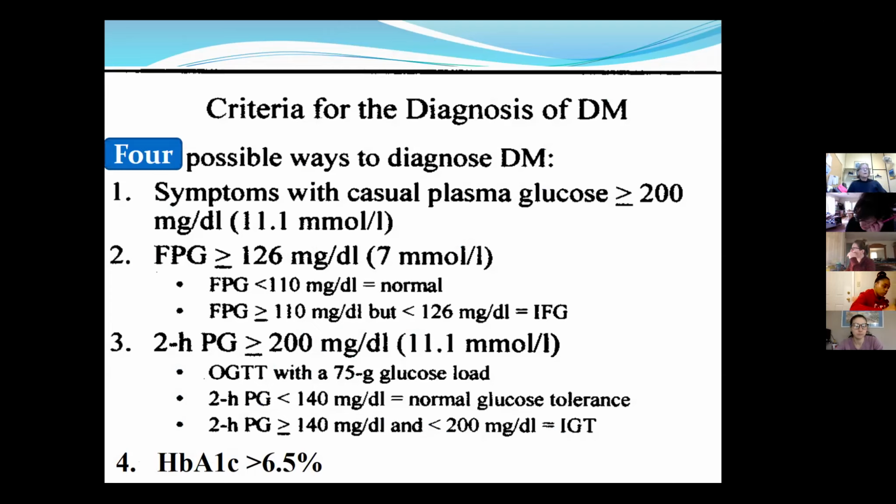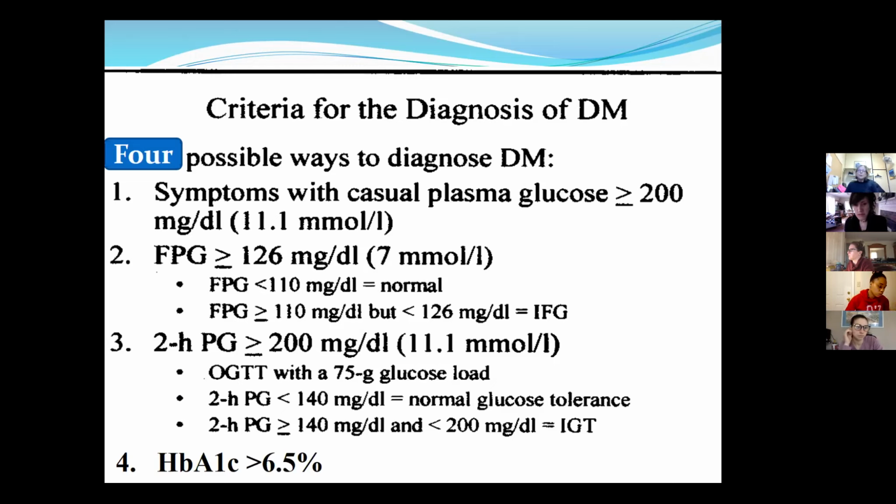So there are 4 possible ways to diagnose diabetes. The first is if the patient presents with symptoms of hyperglycemia or symptoms of chronic hyperglycemia, which again, I will talk about in a later slide what those symptoms are.